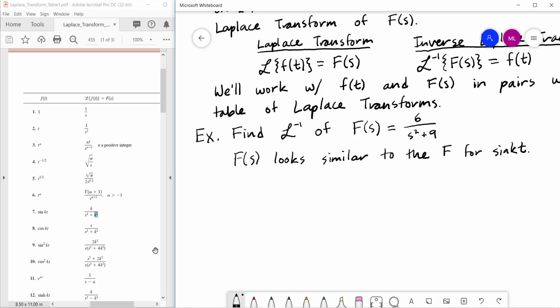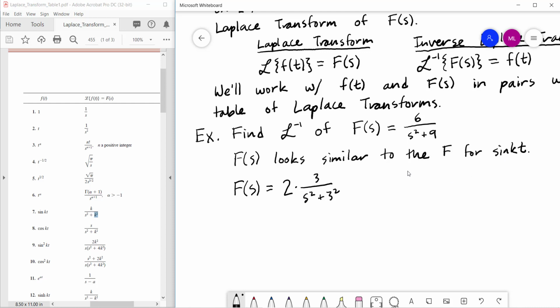And it turns out, if I were to factor a 2 out and turn this numerator from a 6 down into a 3, so if I recognize that I could rewrite F of s like this, factoring a 2 out and leaving a 3 in the numerator, here's a way of rewriting this. Same thing. Now this piece looks exactly like the F that showed up for sine of kt.